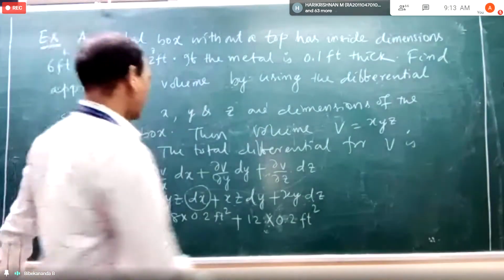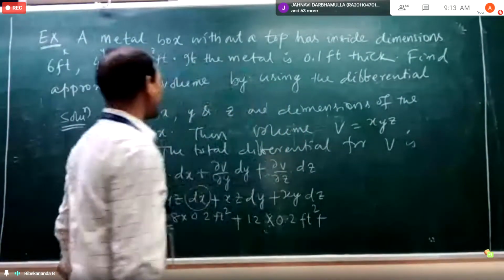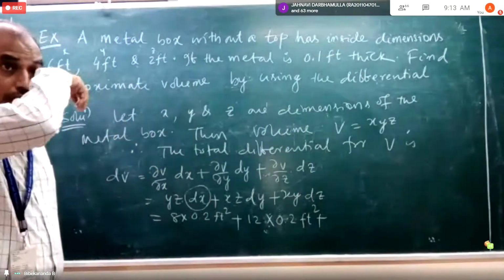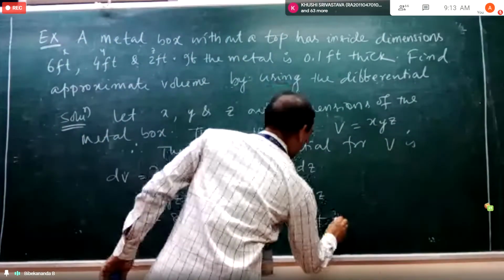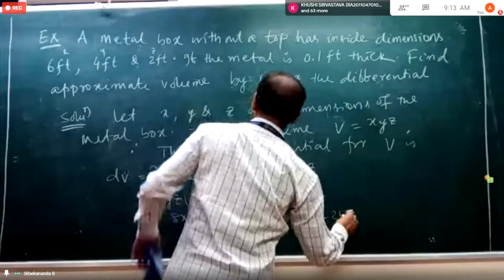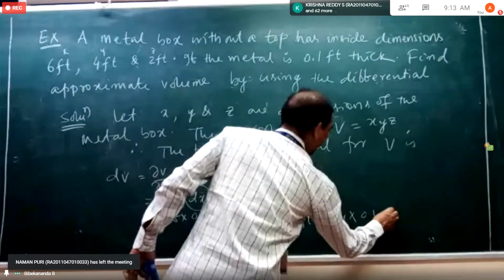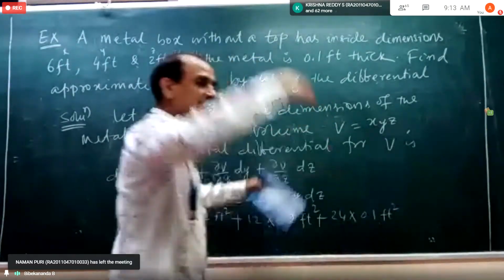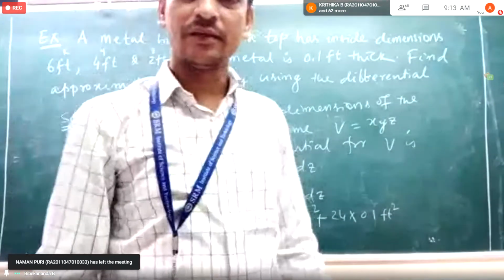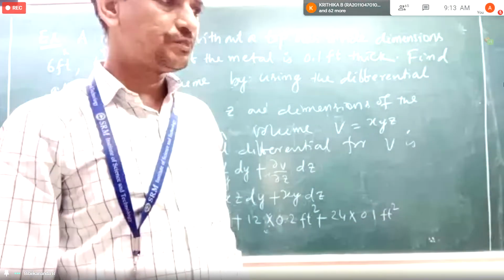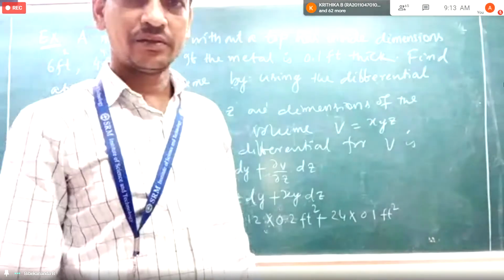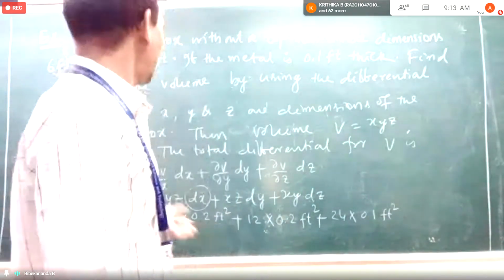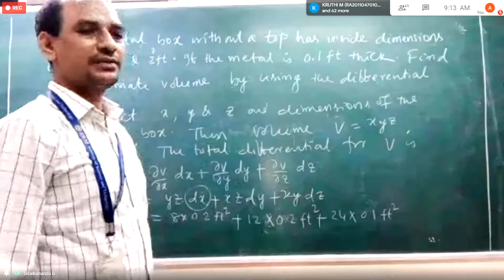Then plus what will be the next one? 24. So this will be nothing but 24 into 0.1 feet square. Because one side is open, only one thing I am taking. Is it clear to everybody? Yes. Did you get my point? Yes, sir. Now you simplify it and you find the answer.